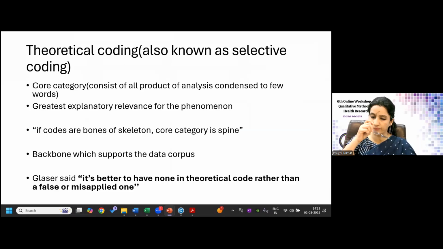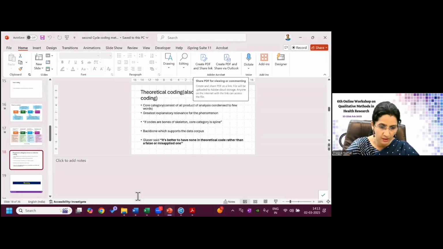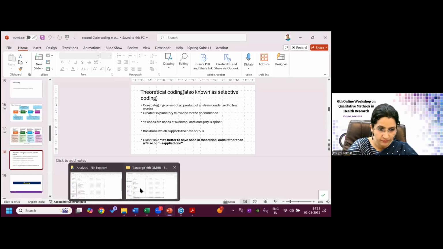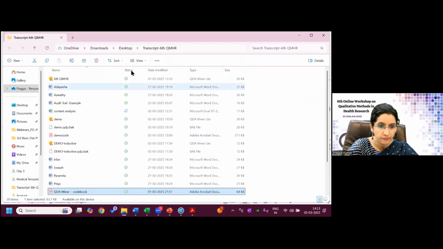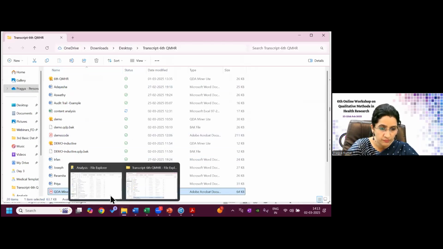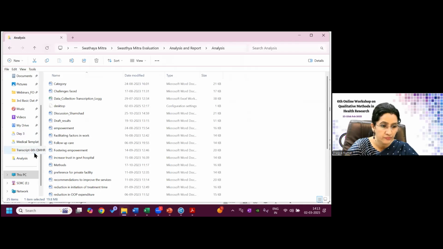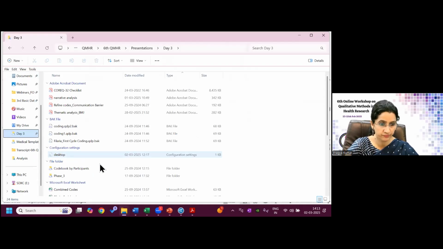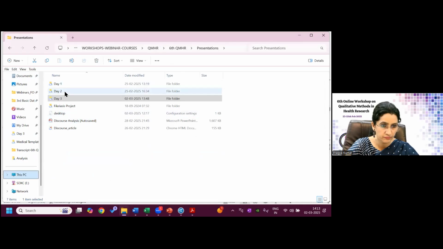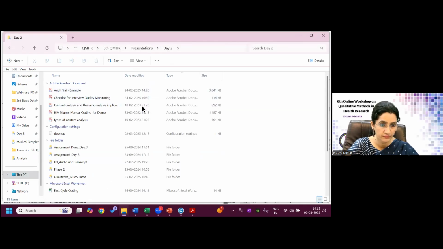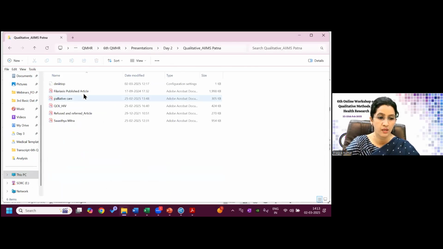If you see this paper which we have shared, the refused and referred one, these were the articles we did, one on palliative care.